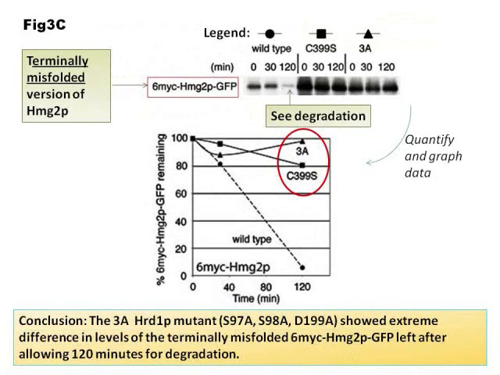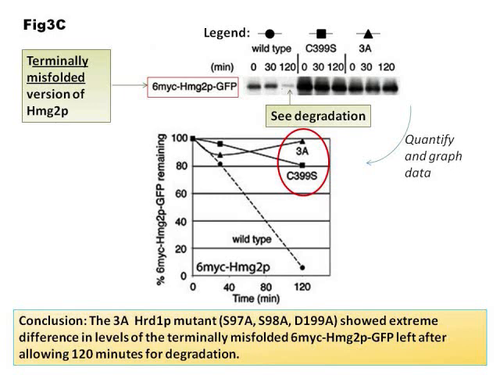Again, in panel C, you can see a similar experiment has been performed. Interestingly here, though, they used a terminally misfolded version of HMG2P called 6-myc HMG2P-GFP. As you can see from the results of the graph, the wild-type slope has become even more negative in comparison to when the protein was properly folded.